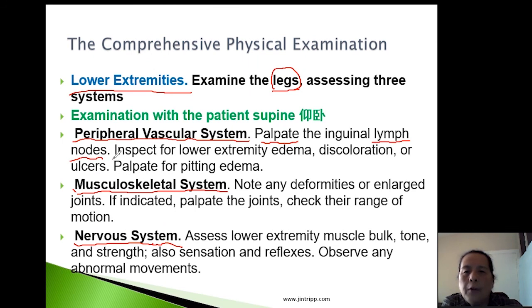And if we do inspection, some edema belongs to the circulation system, and also some color changes or some ulcers also belong to the vascular system.